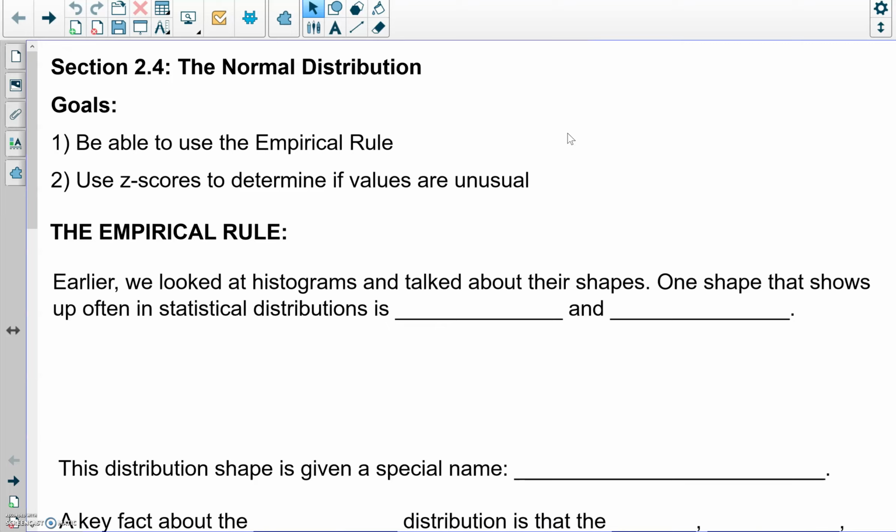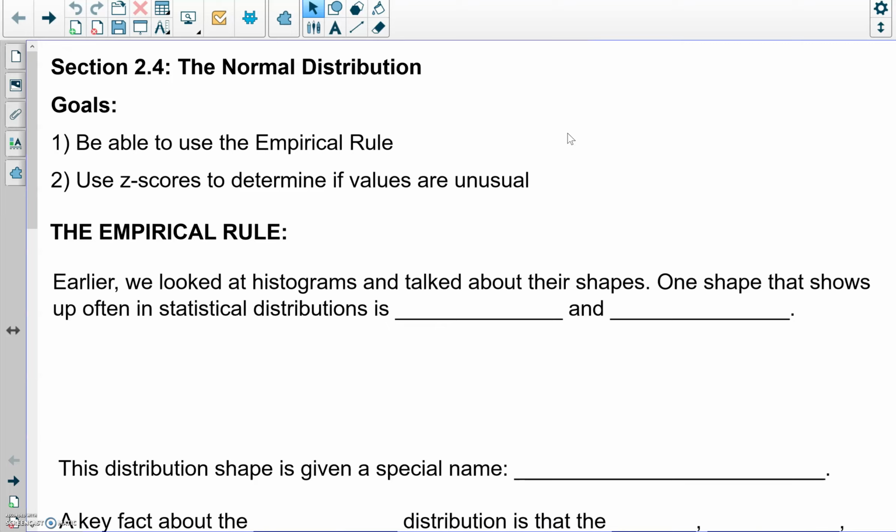There are other approaches to get more exact values that we just won't be doing in this class. It's just not in the scope of it. But the normal distribution is a very important part of statistics, and we're just going to get a little bit of the flavor of it here, of what you can do with it.